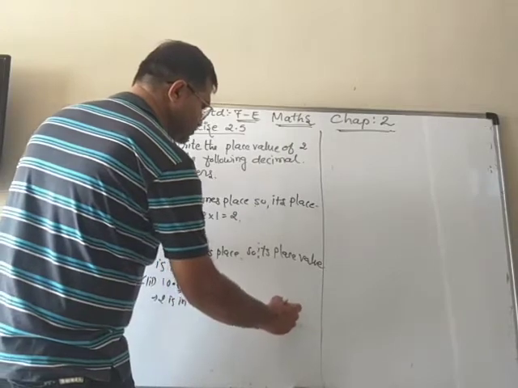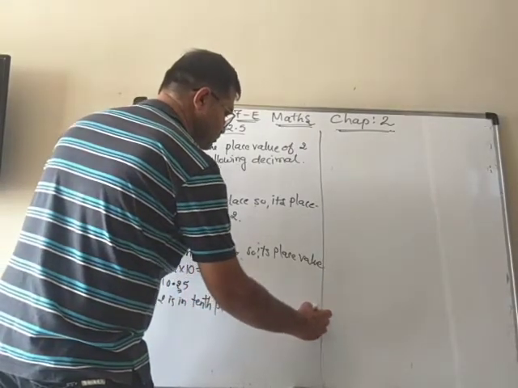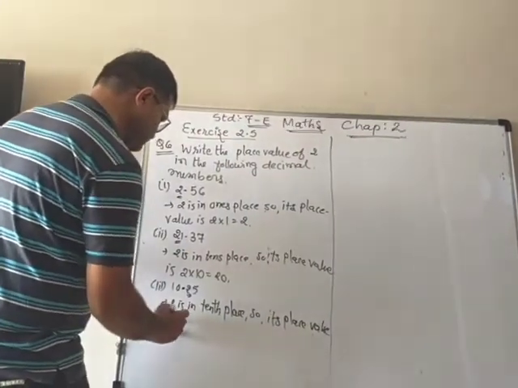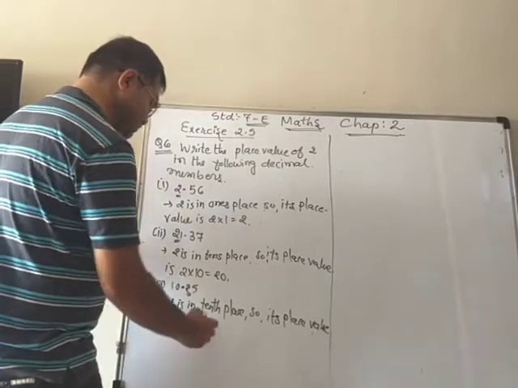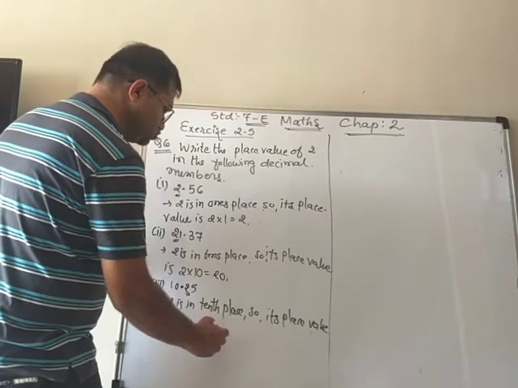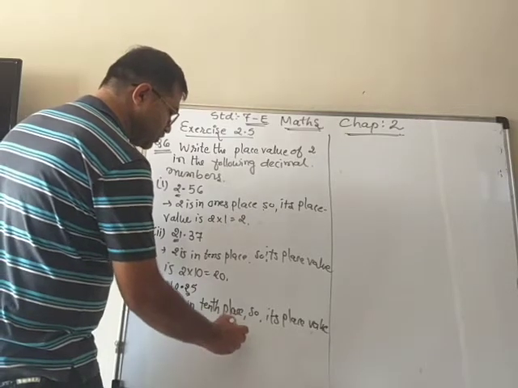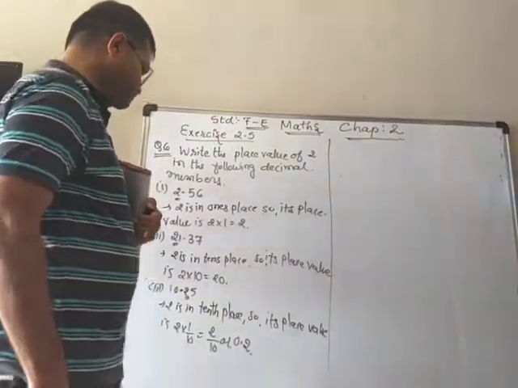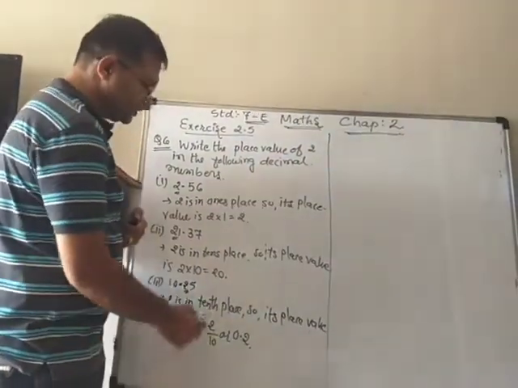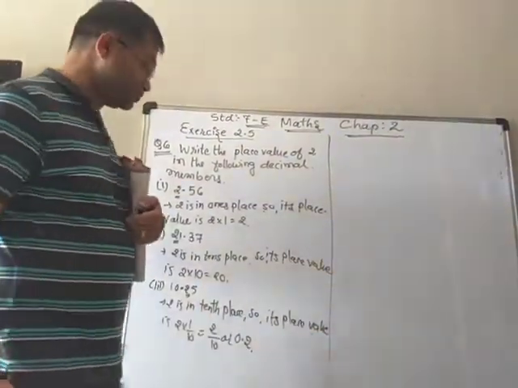Its place value is 2 into 1 upon 10, which is equal to 2 upon 10, or you can write 0.2 also. Or you can just write 2 upon 10 also, that's not wrong.